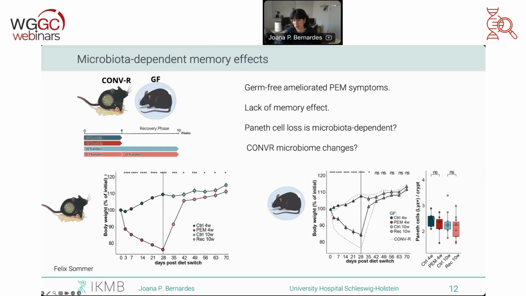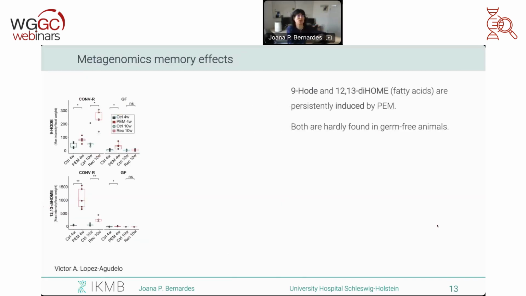We also do not see a difference in the number of Paneth cells in the germ-free mice. So is the Paneth cell loss microbiota dependent? That's the question. How do we analyze this? Of course, there's no point in analyzing the microbiome in germ-free mice. We have to go back to our conventionally raised mice, from which we had taken a lot of stools at the time, so we can try to rebuild what was happening.